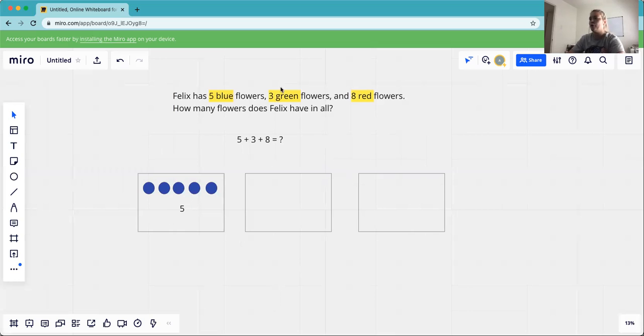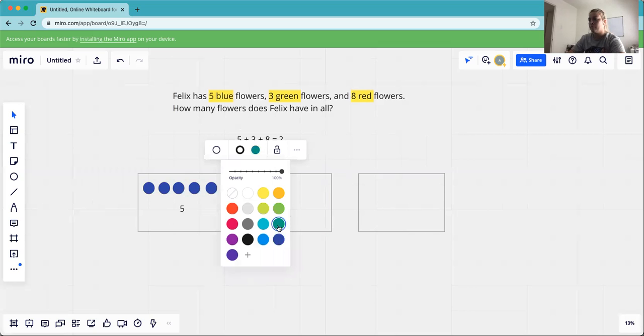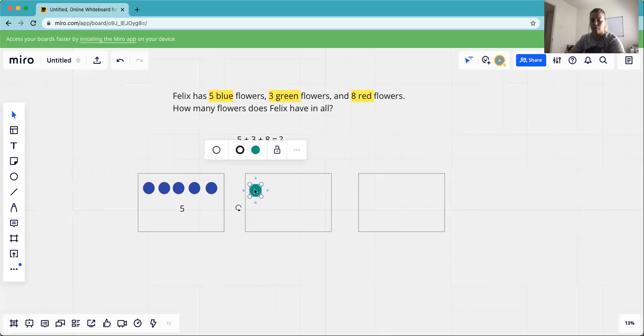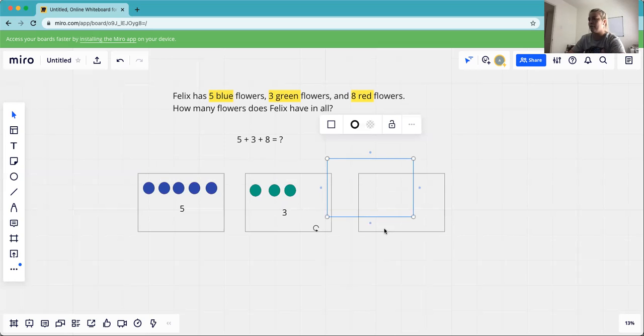So 5 blue, 3 green: 1, 2, 3. And again, I know that I have 3 green, so I'm going to write the number 3. And then I have 8 red.